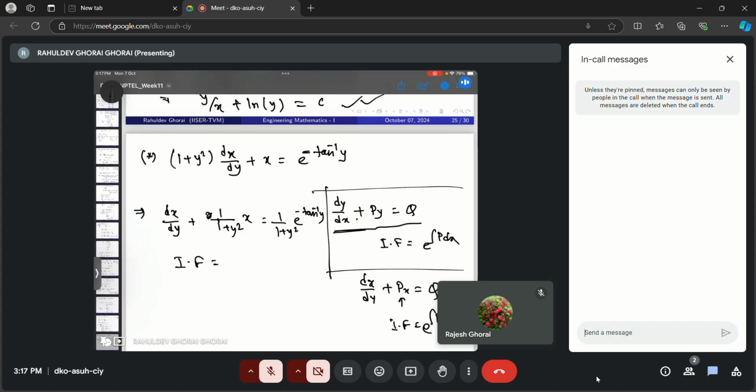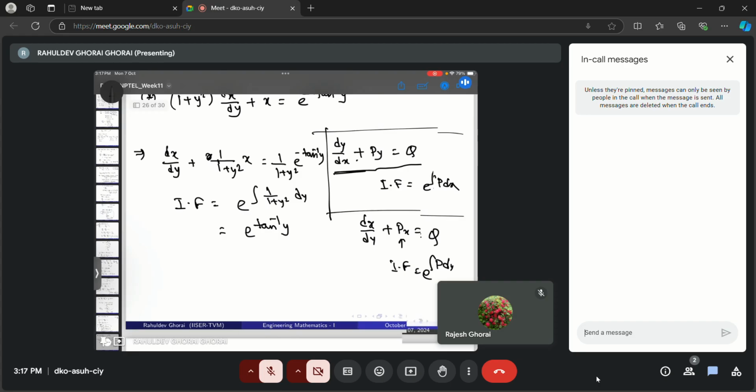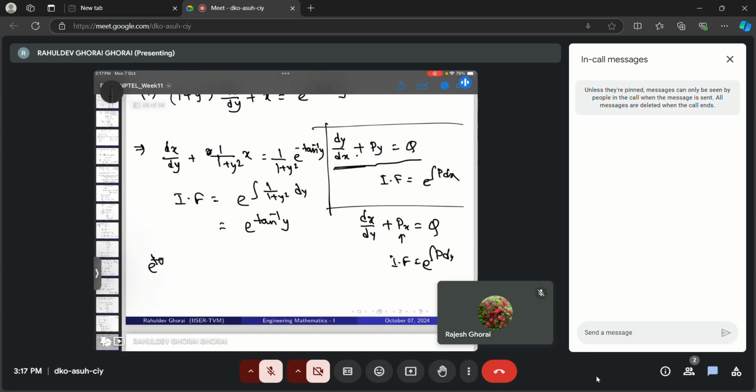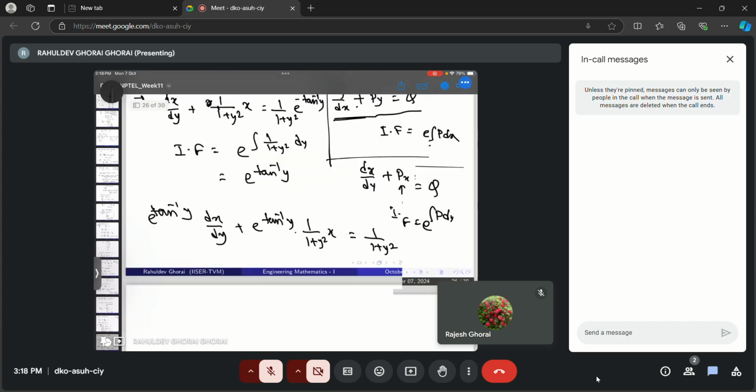Then the integrating factor will be e^(∫1/(1+y²) dy), which is nothing but e^(tan⁻¹y), right? So now we multiply by e^(tan⁻¹y): e^(tan⁻¹y) dx/dy + e^(tan⁻¹y) · 1/(1+y²) · x = 1/(1+y²).